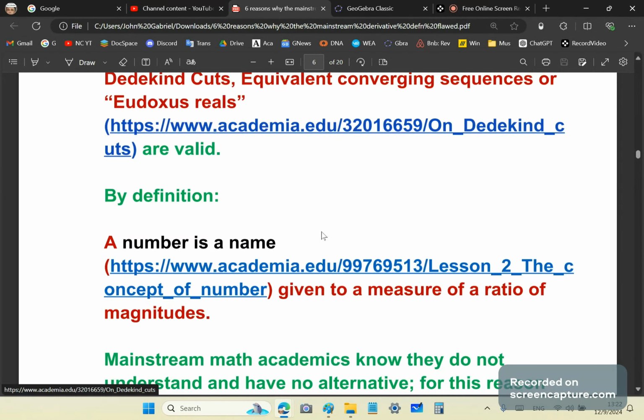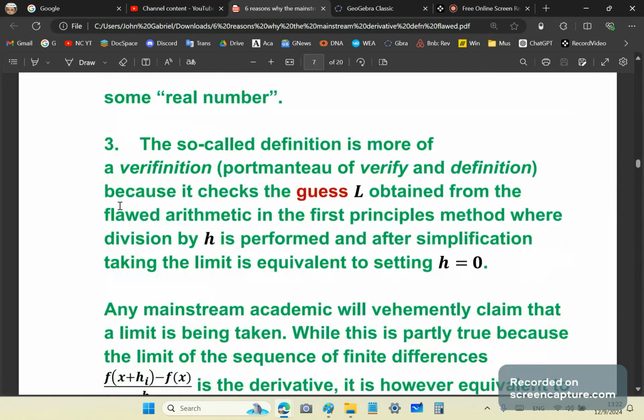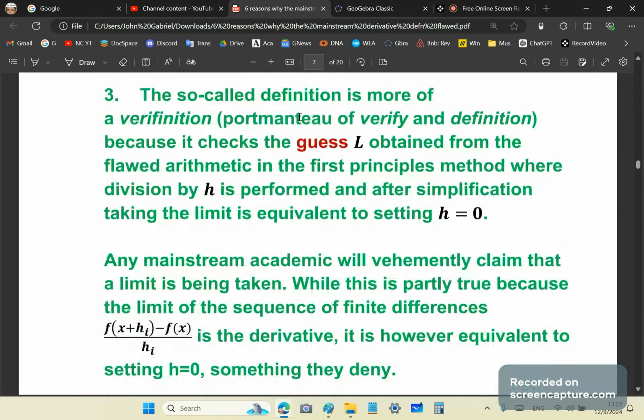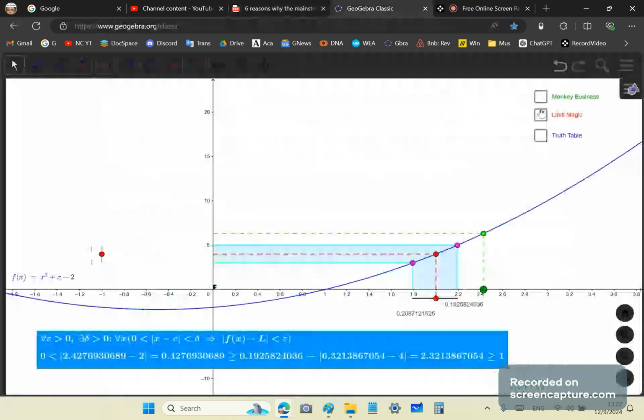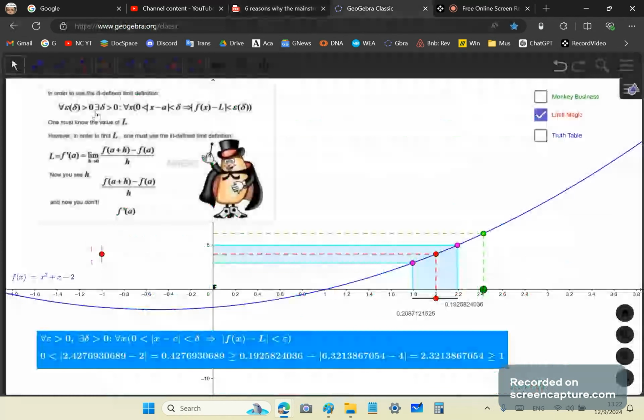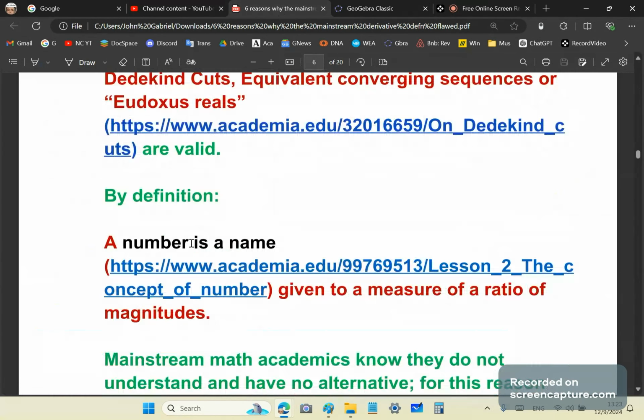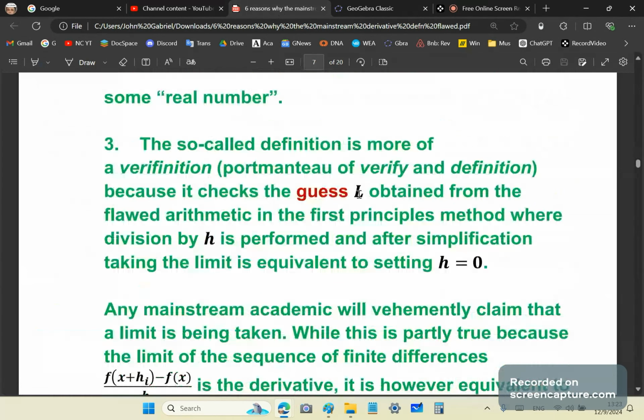So the third reason is that this inequality that you see back here, it's not a proper definition. It's a verifinition, okay? So what happens is you're having to guess L and then try to verify through epsilonics.